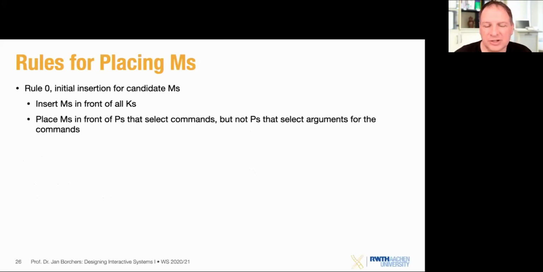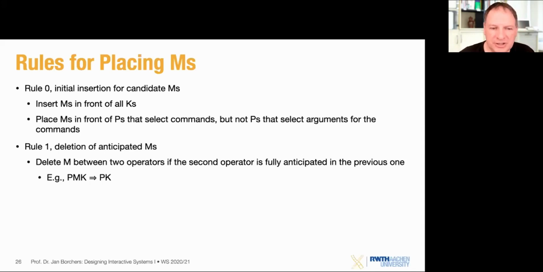What that means is if I have a graphical interface where I select an object and then I trigger a command on it, like color this object in blue or fill this object in Photoshop, I would not add a P in front of selecting the circle that I'm filling, but I would put a P and M in front of the pointing action that selects the command to fill that circle.